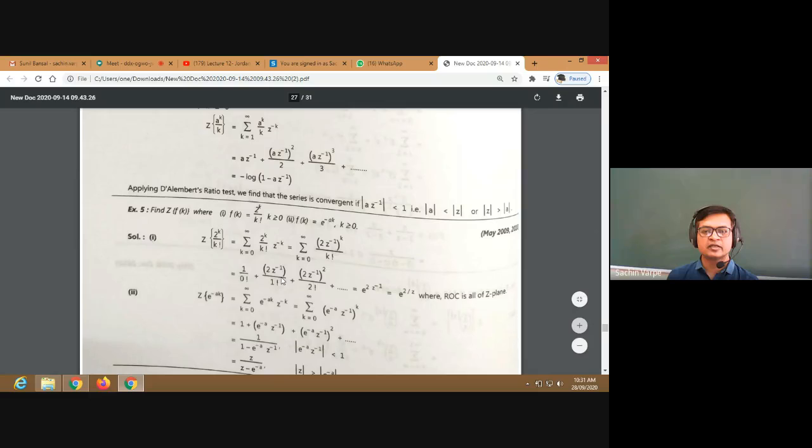So here that x will be 2z raised to minus 1. Okay, so this can be written in its exponential form, and that is the required Z transform, which again does not exist at z equal to 0, where the ROC is all of the z plane.